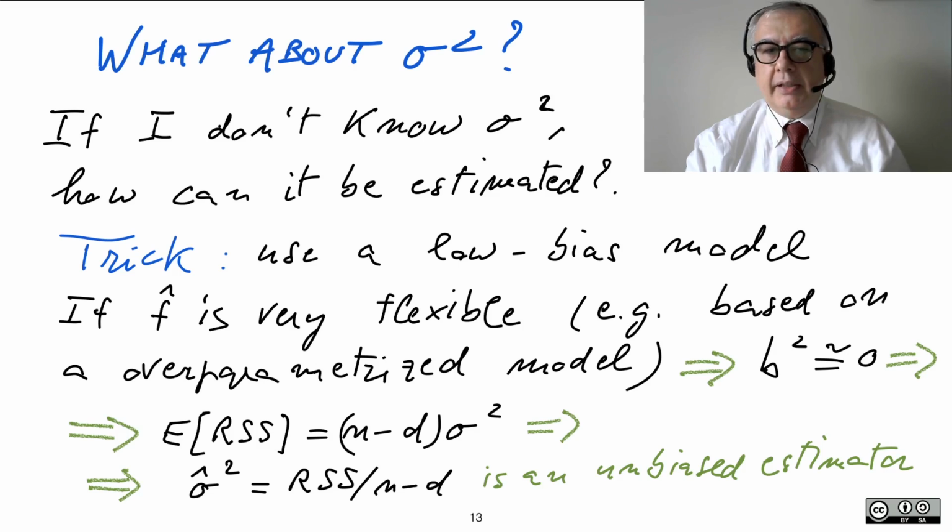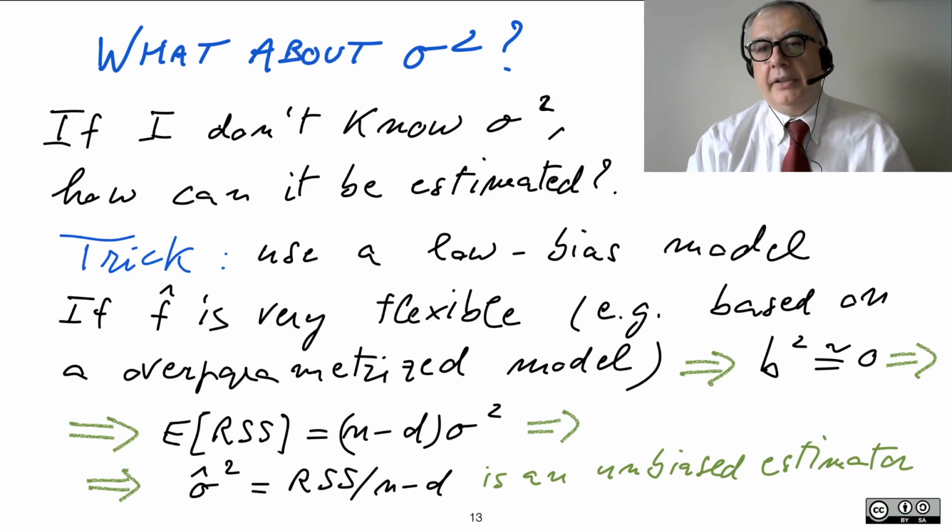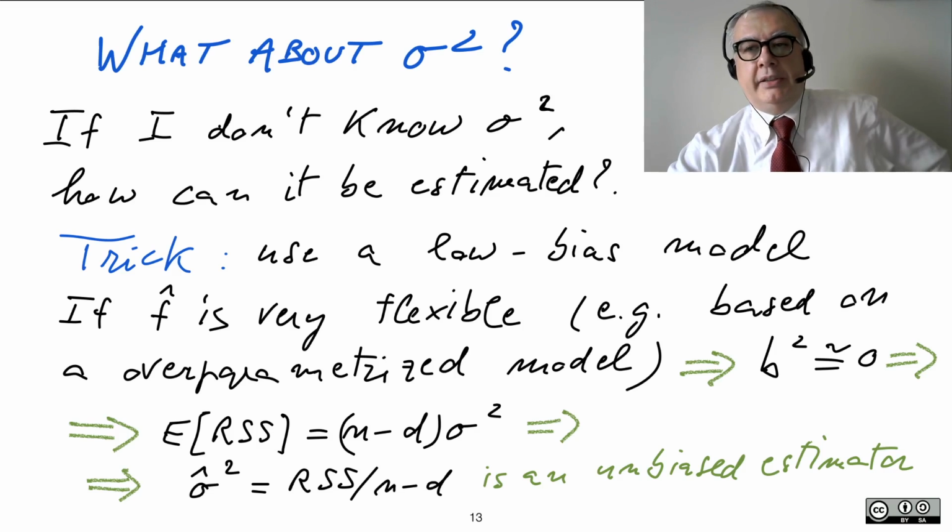If your model gives predictions f hat that are very flexible, how can you be sure they are very flexible? Well, if you have many parameters, possibly more than you really need. So you are using an over-parameterized model in order to be sure that your flexibility is large enough to make the bias negligible.